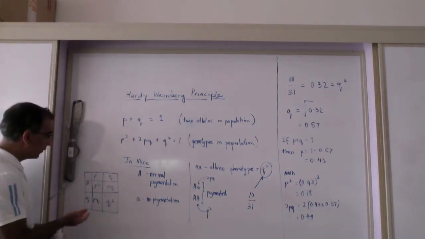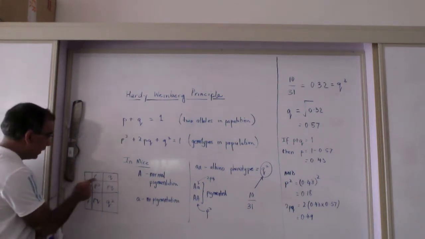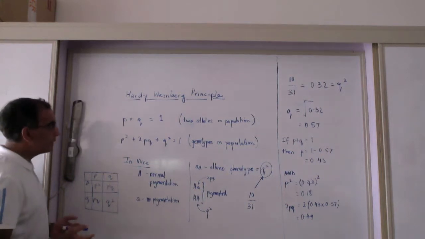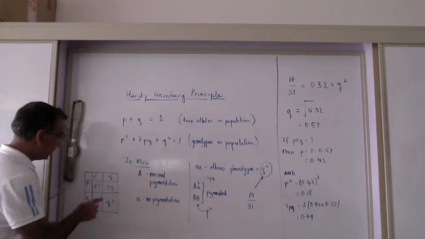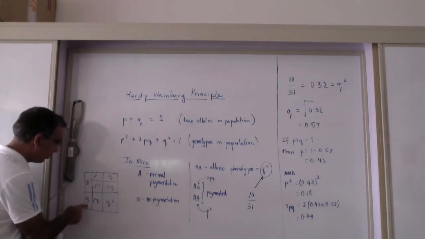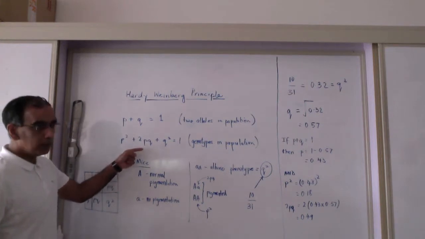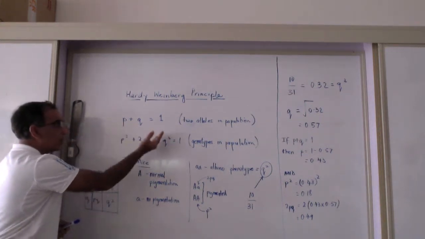And the probability of 2 dominants meeting, or 2 p's meeting, is p times p, or p squared. And the probability of a dominant and a recessive coming together is p times q plus another p times q, 2pq. So this is the basis of the second of the 2 equations.